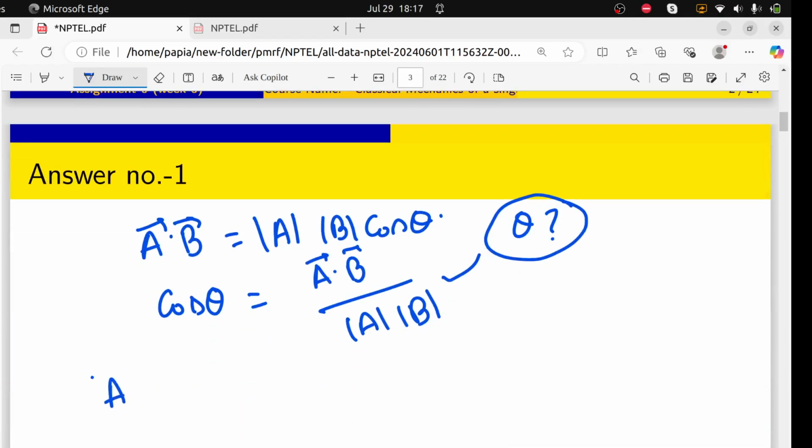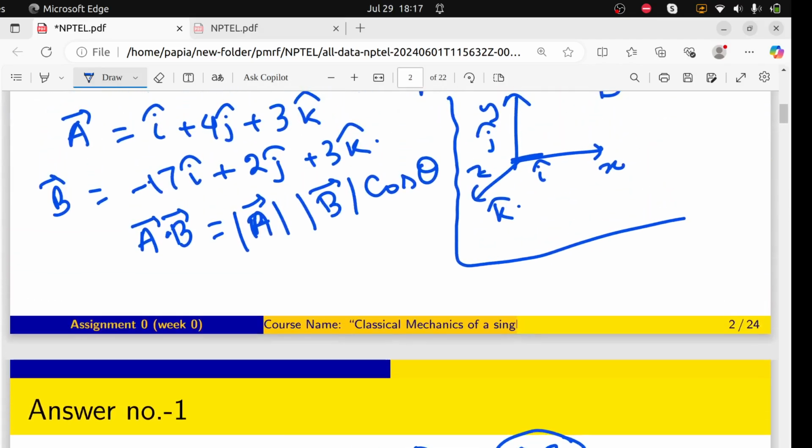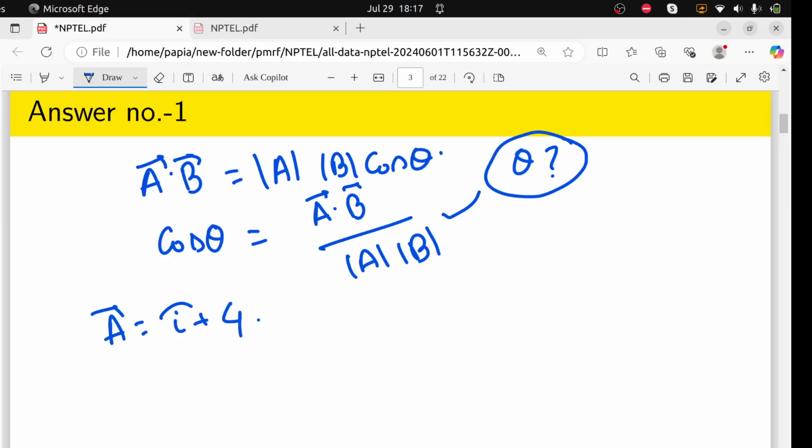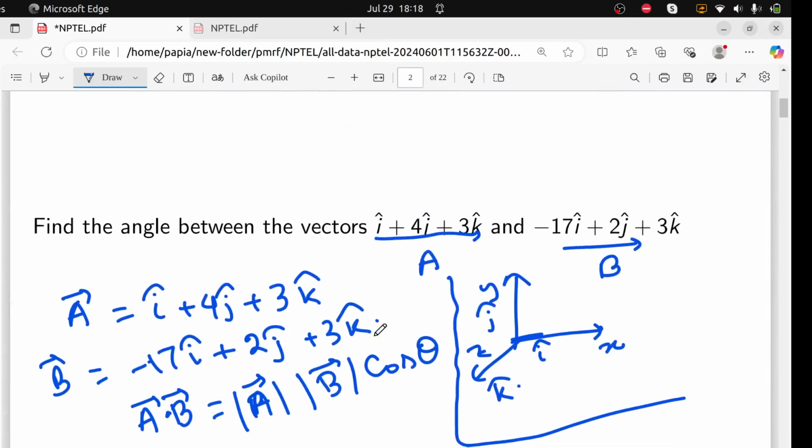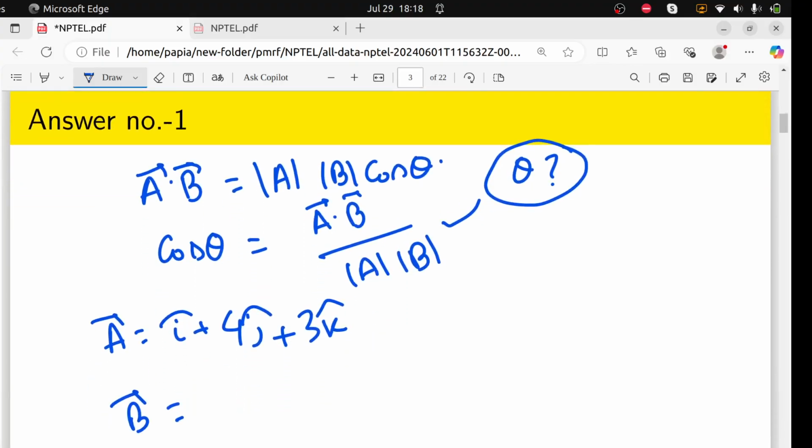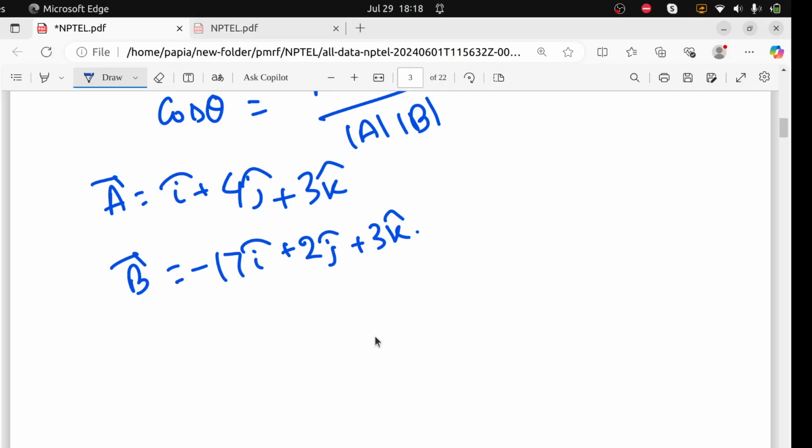As this is the very first question, I am going to write everything very clearly. 4j cap plus 3k cap, and for B vector it is minus 17 i cap plus 2j cap plus 3k cap. Okay, so to get the value of cos theta, what do I have to do?